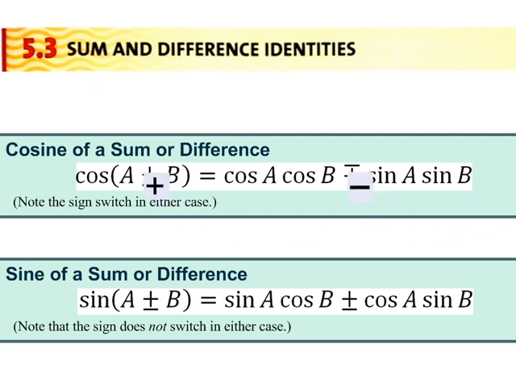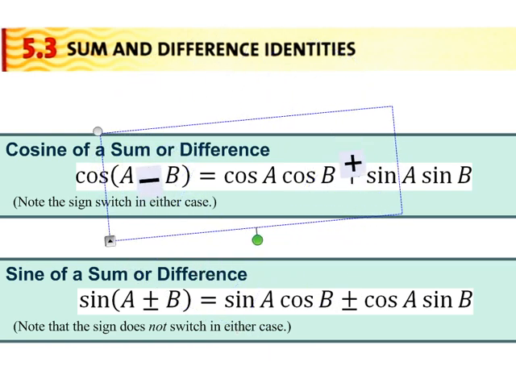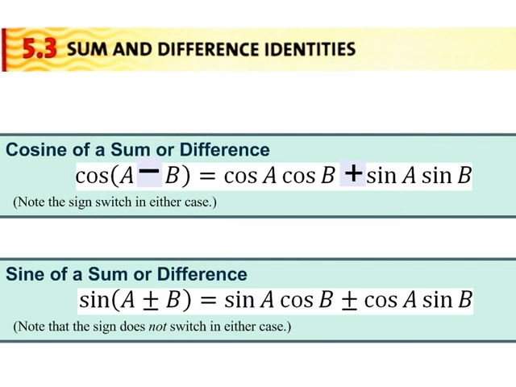If I have a plus sign on the left, cosine of A plus B, it means that there's a minus sign on the right. And likewise, if I swap those, if I have a minus on the left, it means that there's a plus on the right. So again, two formulas in one.